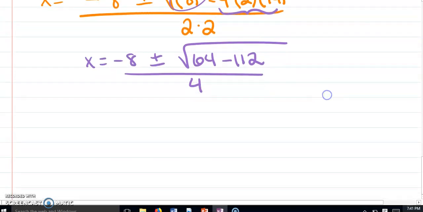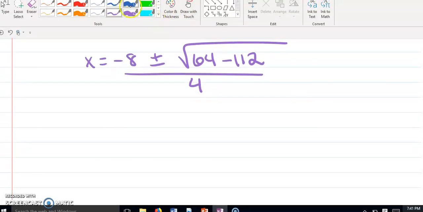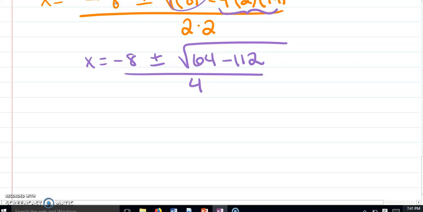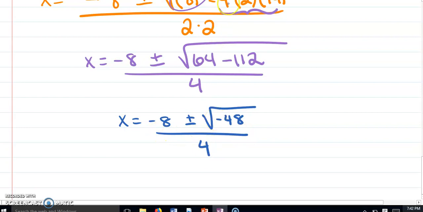If you notice, I'm already going to get a negative in the radical, which is just because we already know that there's going to be an imaginary solution here. So x equals negative 8 plus or minus square root of negative 48 all over 4.